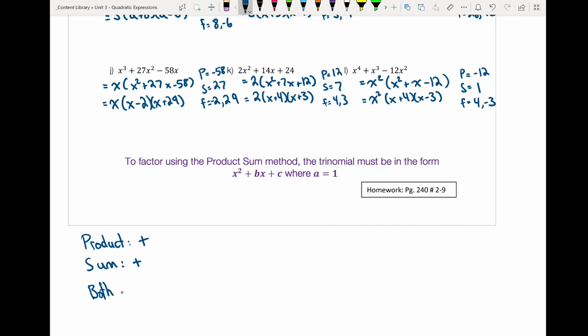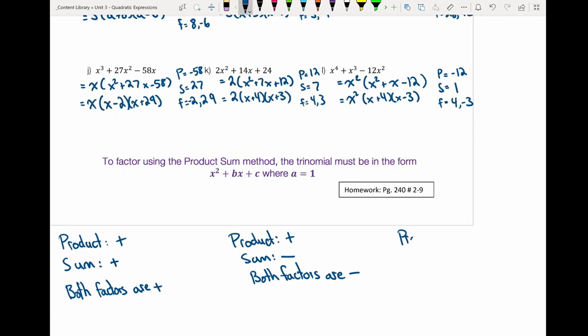both factors are positive. If the product is positive but the sum is negative, both factors are negative.